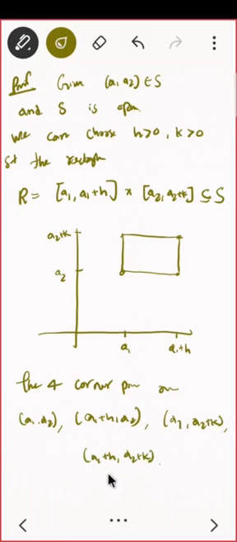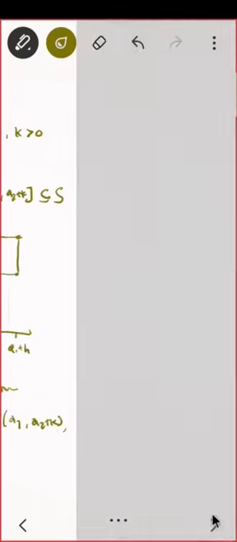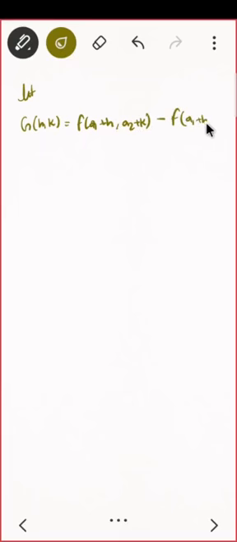These are the 4 corner points. So let us define a function g of hk that is equal to f of (e1 plus h, e2 plus k) minus f of (e1 plus h, e2) minus f of (e1, e2 plus k) plus f of (e1, e2).